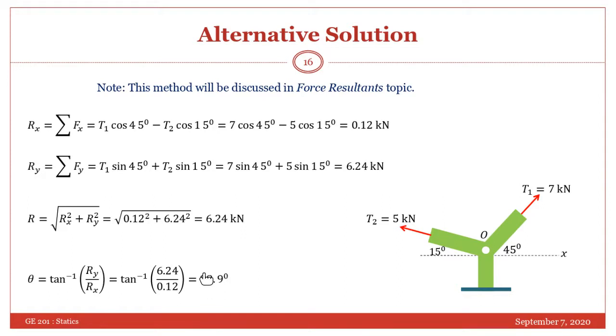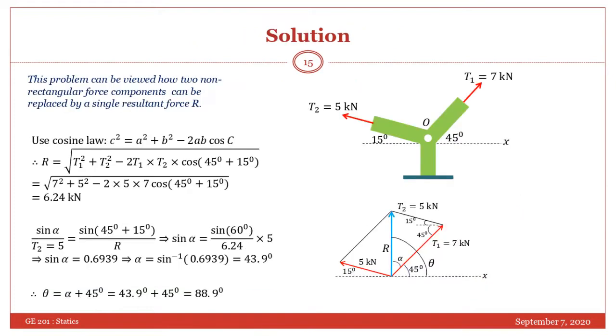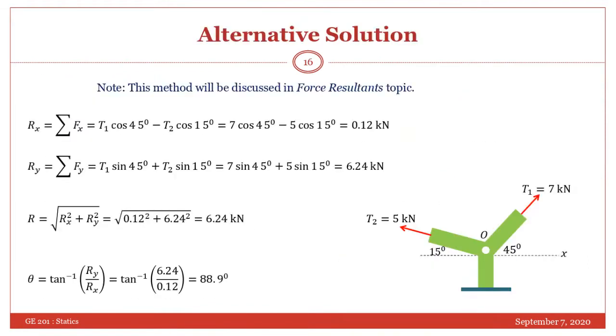So you can see that R and theta are exactly matching with the R and theta which we got here, 6.24 and 88.9 degrees. So this is how we can also solve this by taking its components.